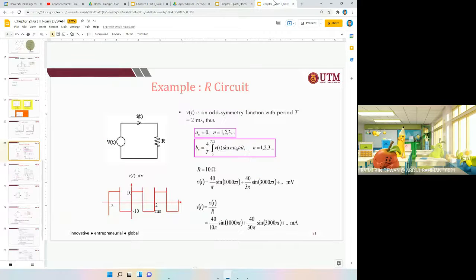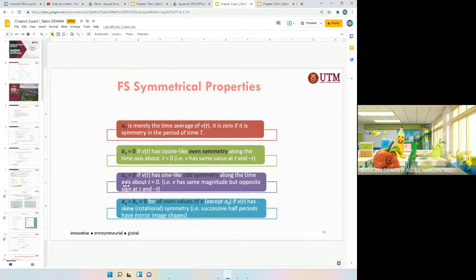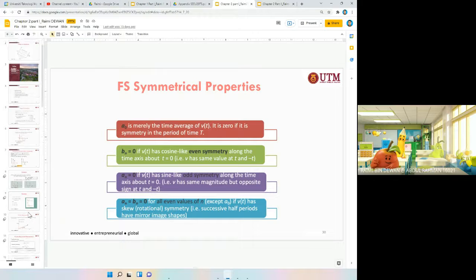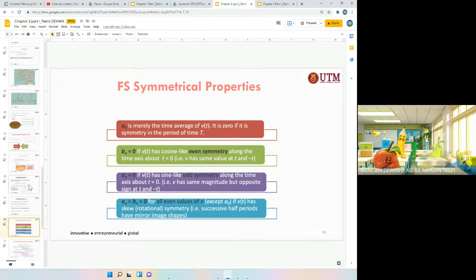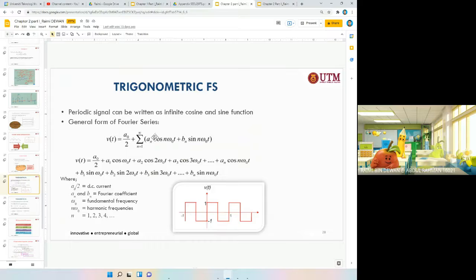So what happens with sine-like symmetry? An is equal to 0, so you don't have this element An.